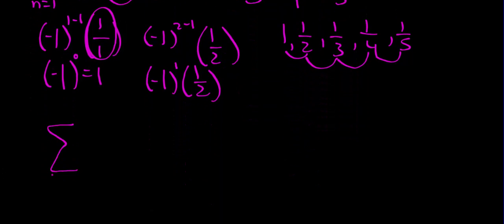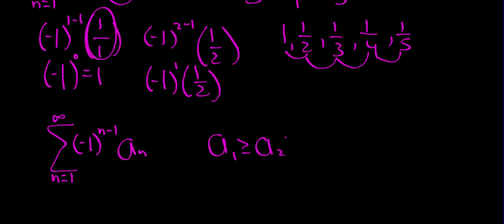To be more general, let's suppose we've got this series, and instead of 1 over n, I've got a sub n. And a1 is greater than or equal to a2, greater than or equal to a3, and so forth. So suppose the series is non-increasing, that is, monotonic.